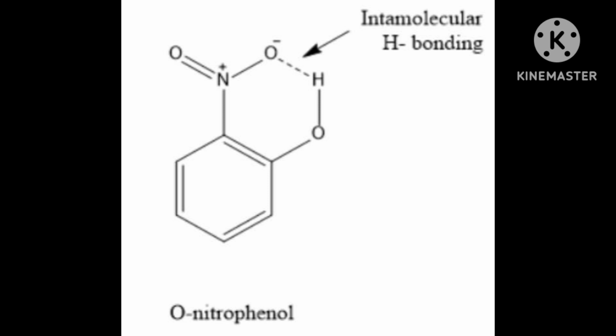Now you can see that in phenols the reactions that take place on the aromatic ring are electrophilic substitution, meaning E plus will join. The OH group attached to the benzene ring activates it towards electrophilic substitution.